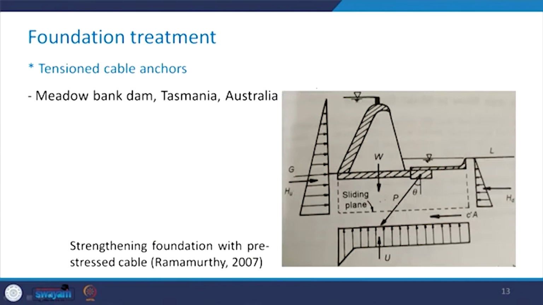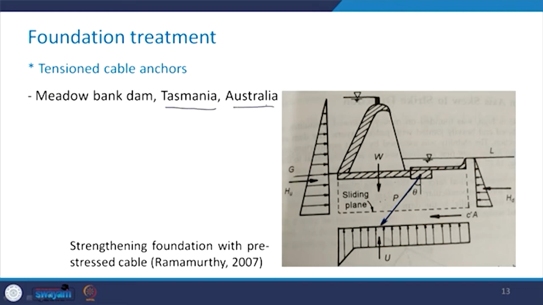Then one can go for the provision of tensioned cable anchor. So you can see here that this is the anchor, and there is a tension which is going to be mobilized, and this has been used in the case of Meadowbank Dam in Tasmania, Australia.